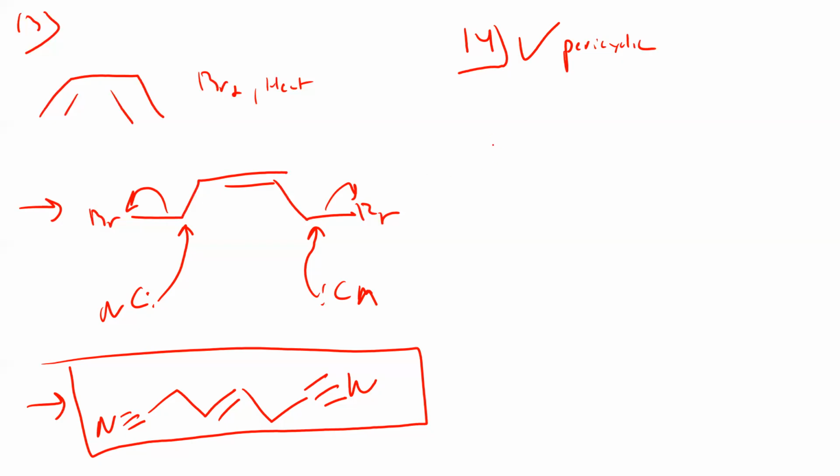Then we can put 15 on this slide too. 15 says compound A is a diene. B, that's going to be your dienophile. And C is your Diels-Alder adduct.